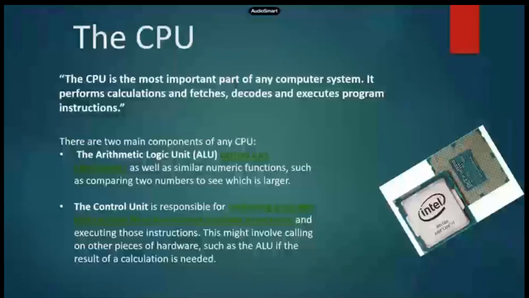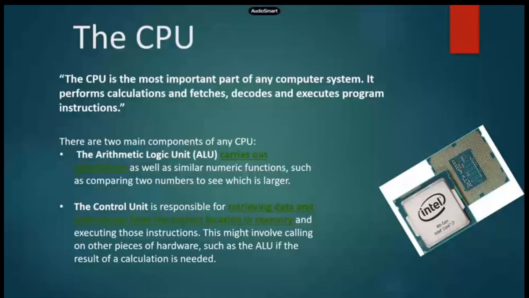Now the control unit is responsible for retrieving data and instructions from the correct locations in memory. I'll go through memory in a lot more detail. It's part of the von Neumann architecture, but for now all you need to know is that it's memory and it's executing those instructions. So this is what the control unit does.